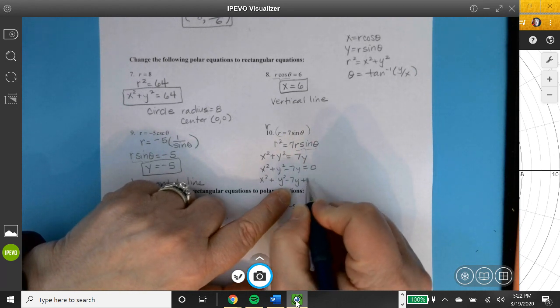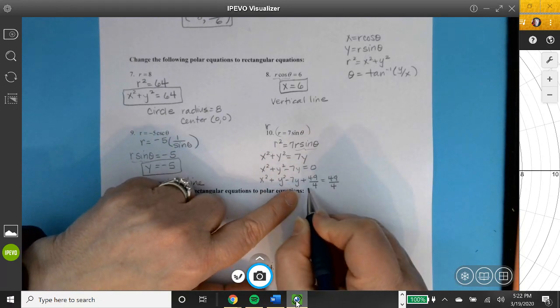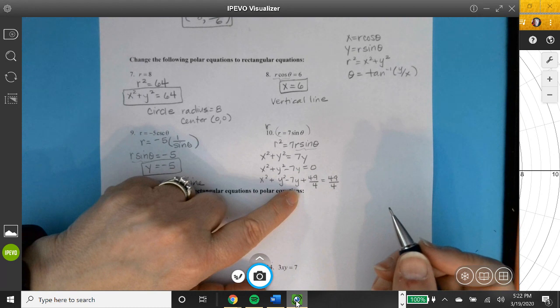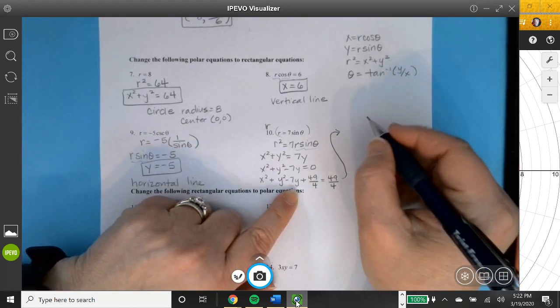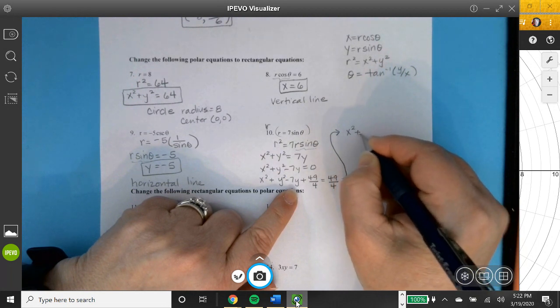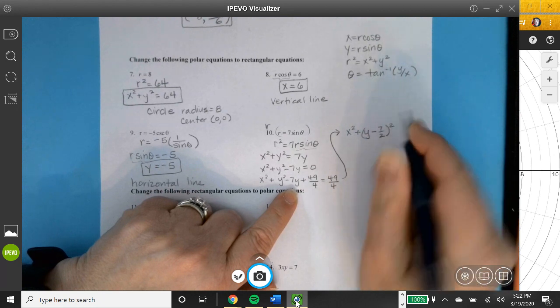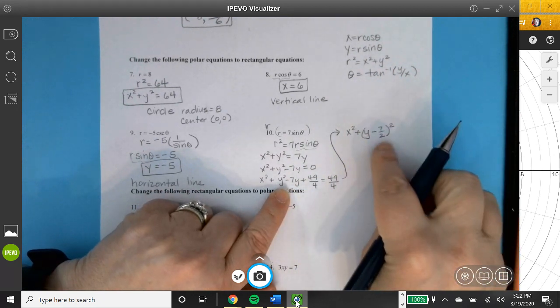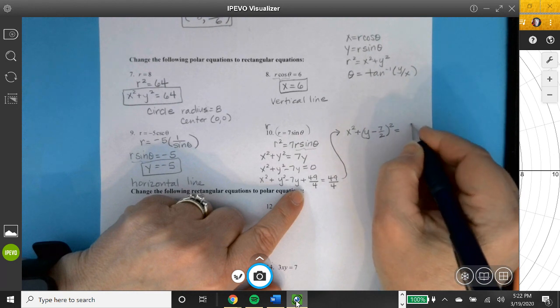And I square that, and I get 49 over 4 equals 49 over 4, because what I do to one side, I better do to the other. So I add that, and then I'm going to use my lovely little arrow to go back up to the top here and say, okay, well, then that's going to be x squared plus y minus 7 halves, because whatever's being squared is what goes in the perfect square, or you could factor this if you wanted to, equals 49 over 4.